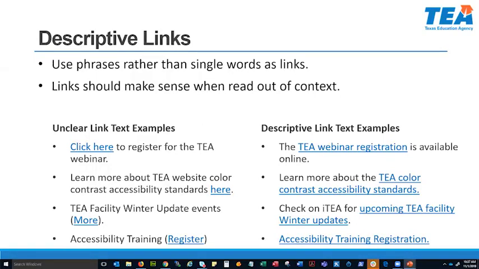So, screen readers have the ability to give a list of all the links in the document. They don't really have to read anything else. So when you're making links, make sure you're wording them so it makes sense where they're going or what they're going to do.